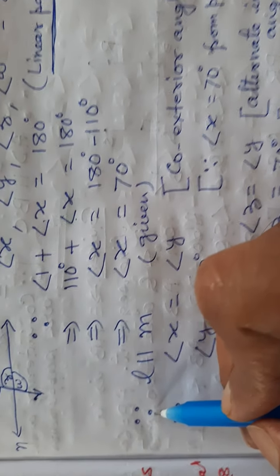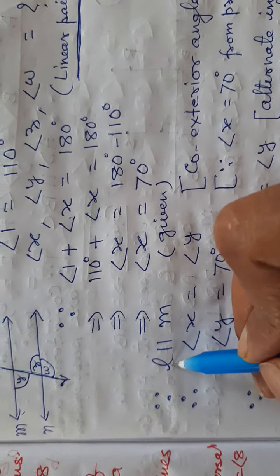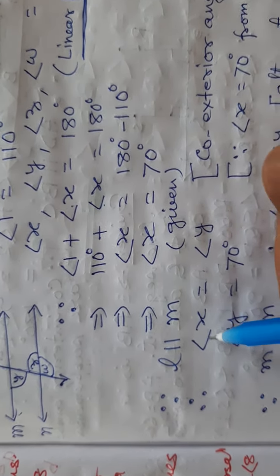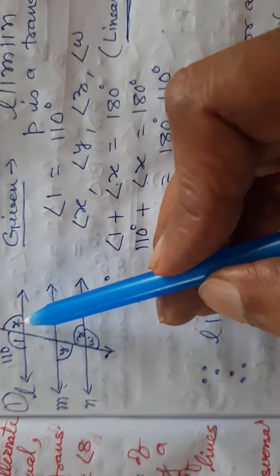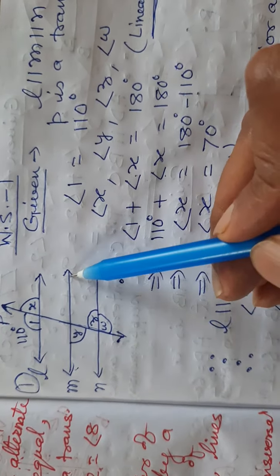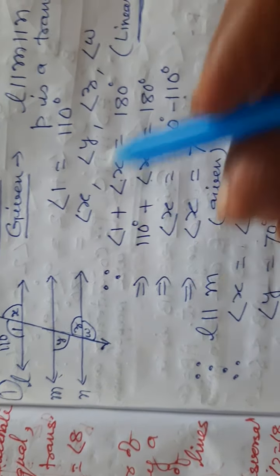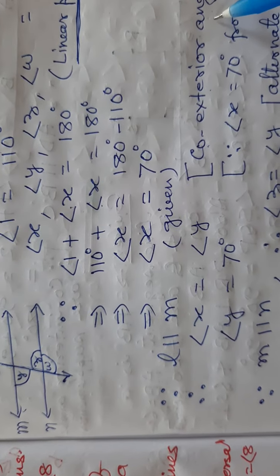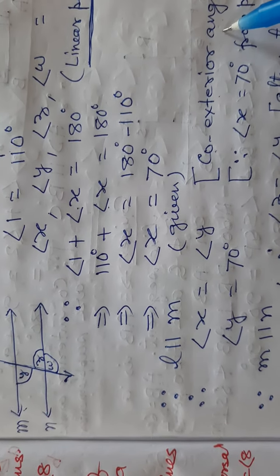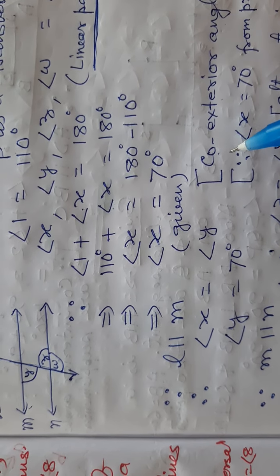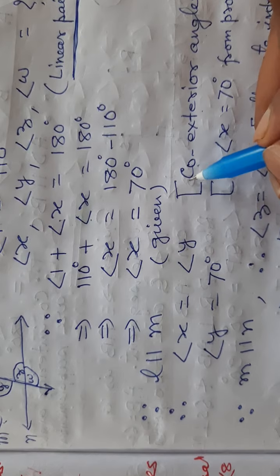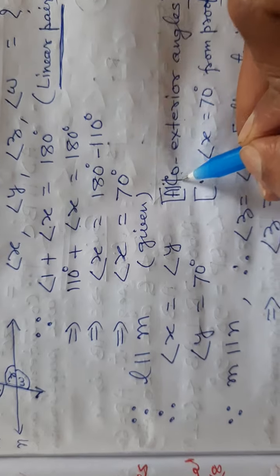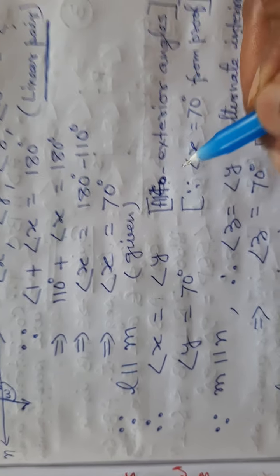Again, since line L is parallel to M, given, therefore angle X is equal to angle Y. Alternate exterior angles.